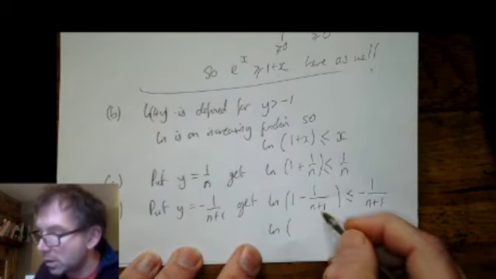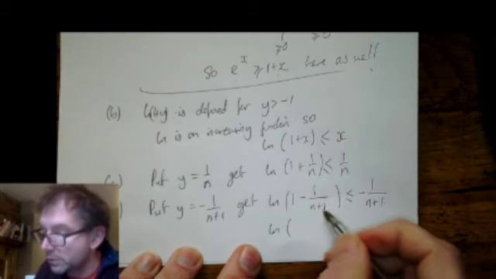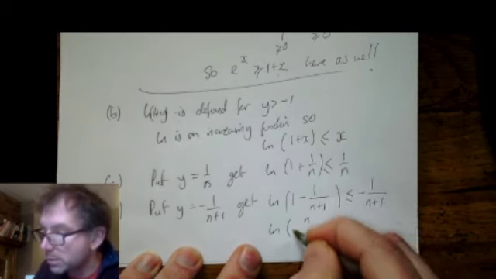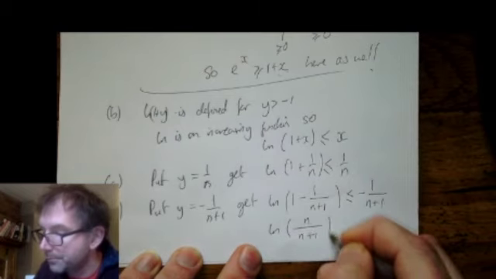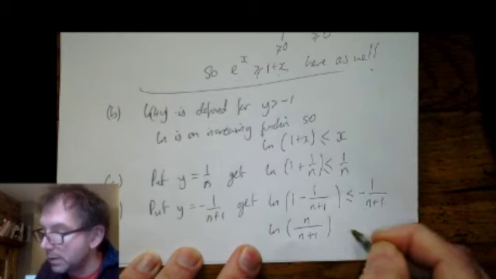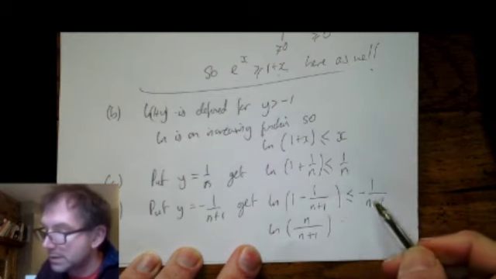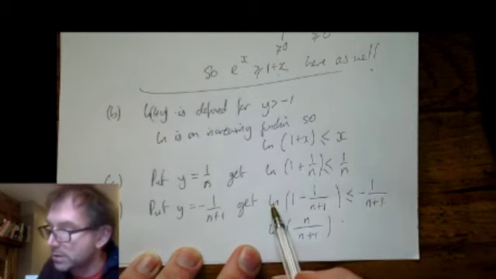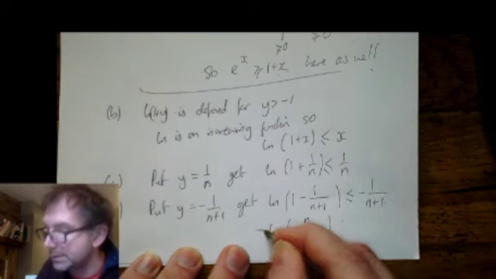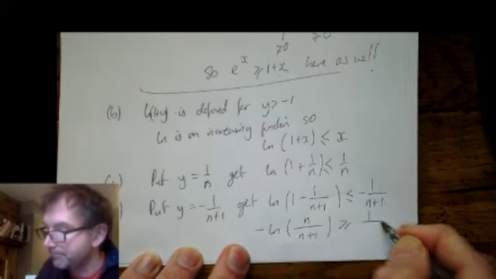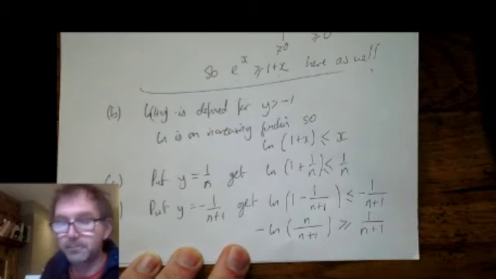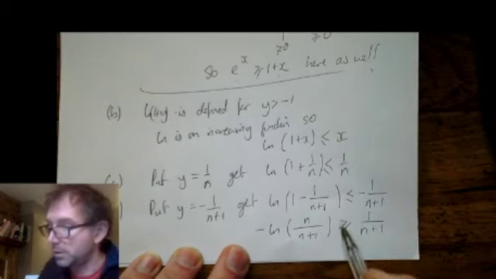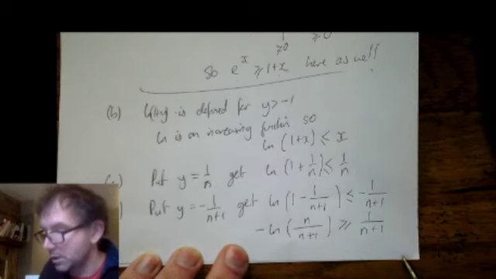Putting this over the common denominator of n plus 1, we get log of n over n plus 1, and that's less than or equal to -1 over n plus 1. So if I times both sides by -1, I get this. Right? Because if you times by a negative number, you have to swap the sign around.